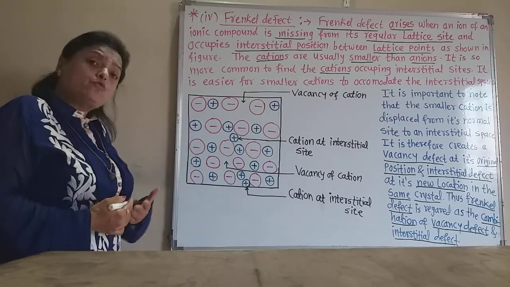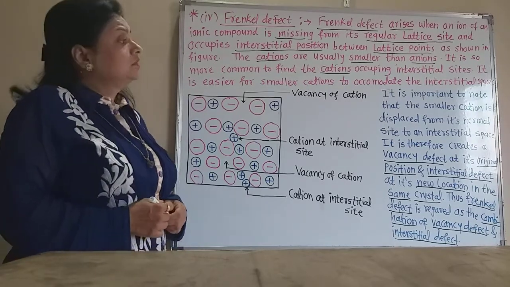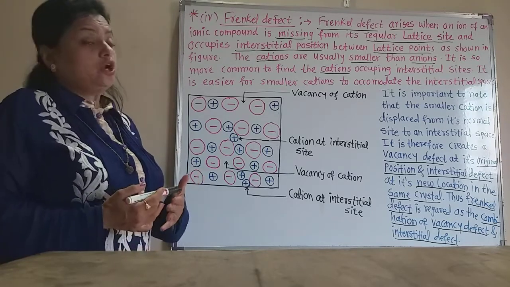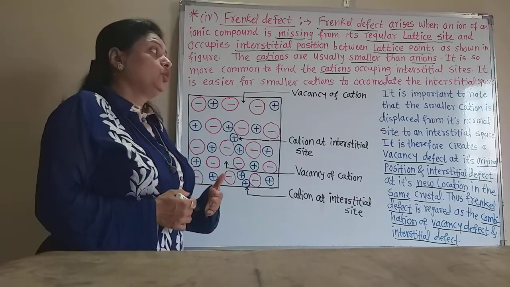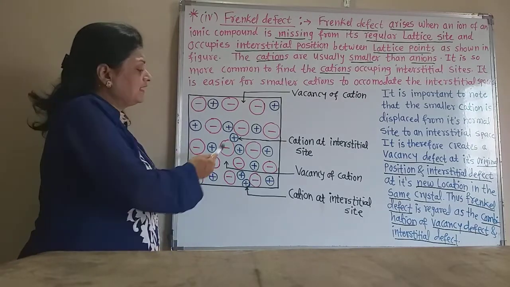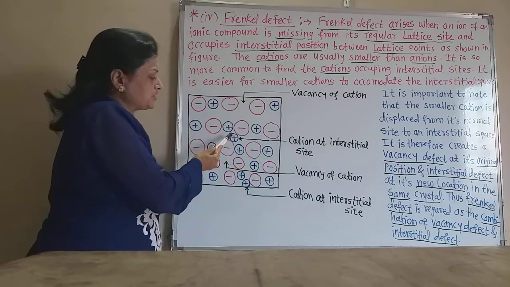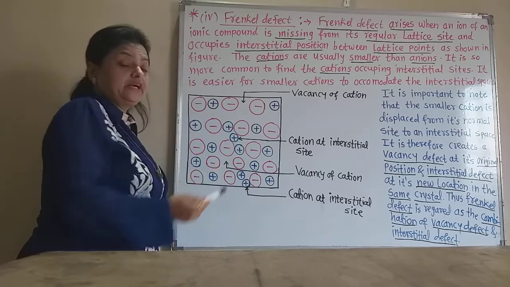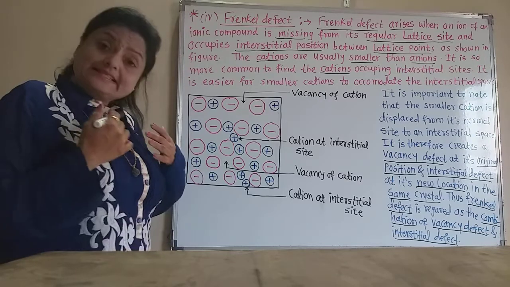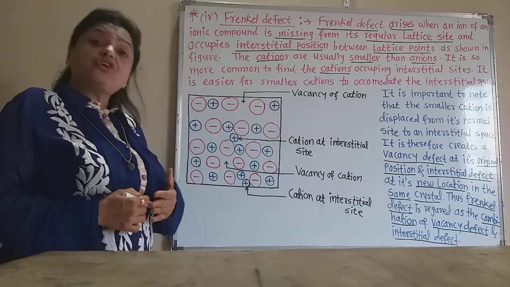It is important to note that the smaller cation is displaced from its normal or original site to an interstitial space. These smaller cations can be displaced from their position into the interstitial space; this is very common. It therefore creates a vacancy defect.